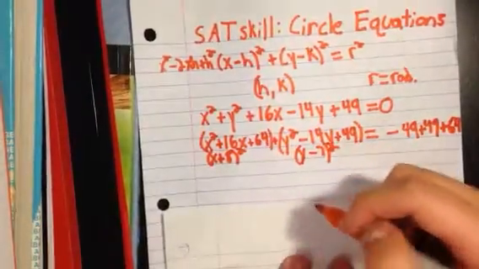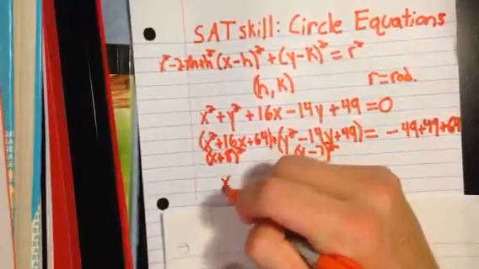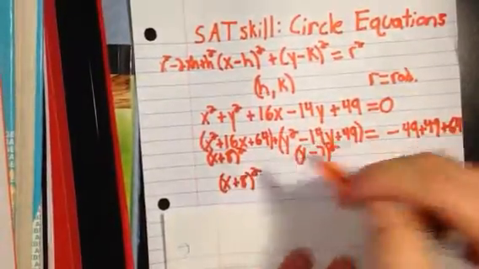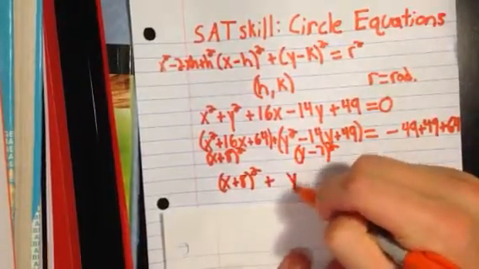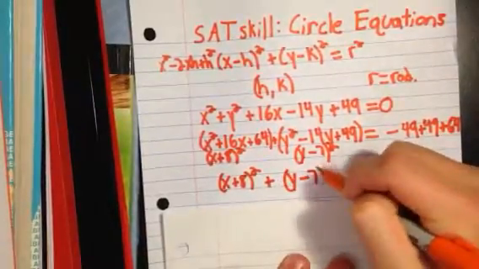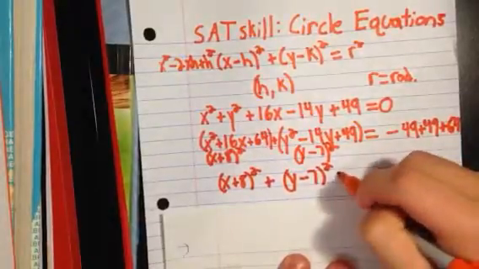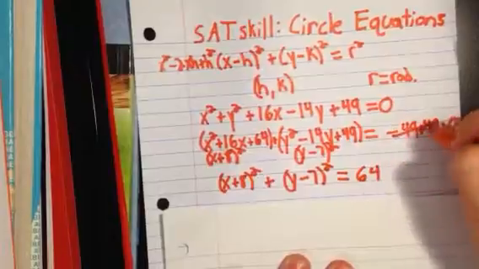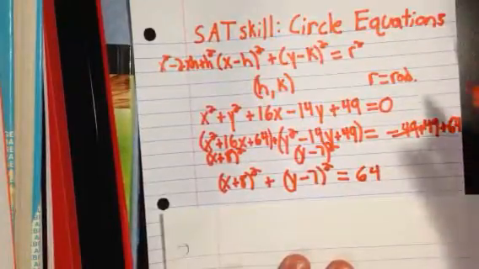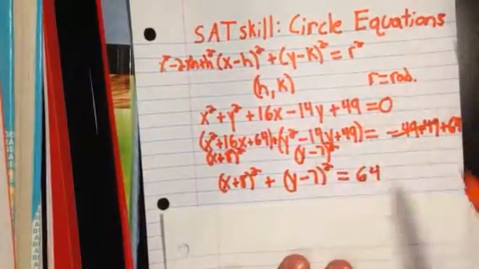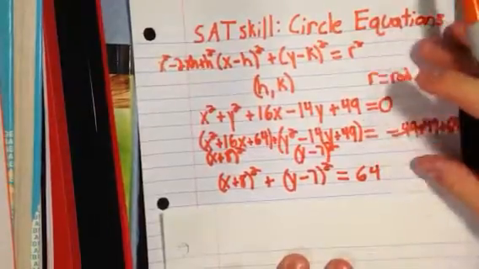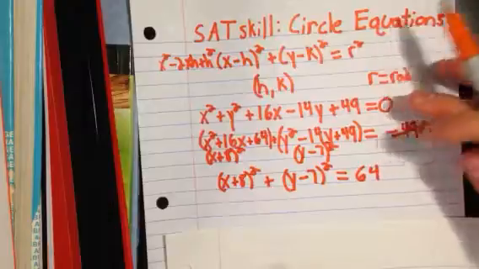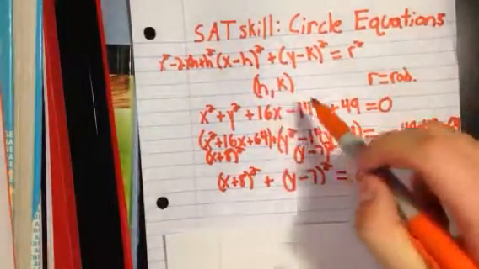So we can rewrite this equation: (x + 8)² + (y - 7)² = 64. This cancels out, and you're left with 64. Now we're in that standard circle equation form, and we can look at certain aspects of that equation to determine the center of the circle and the radius. Now we have (h, k).